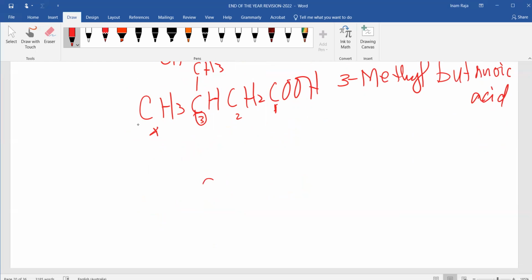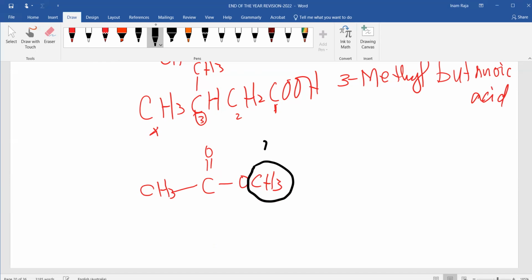And then ester. Ester has one side oxygen and carbon containing group. On the other side, it could have only hydrogen or carbon. So we have to name the thing which is with oxygen first, and then the remaining part next.